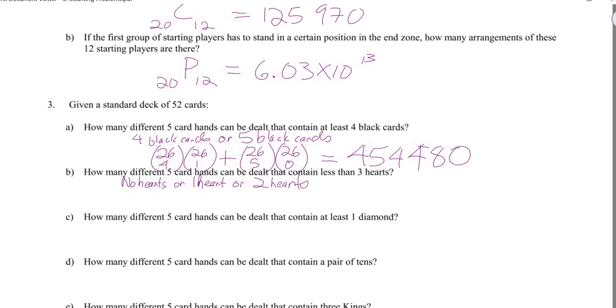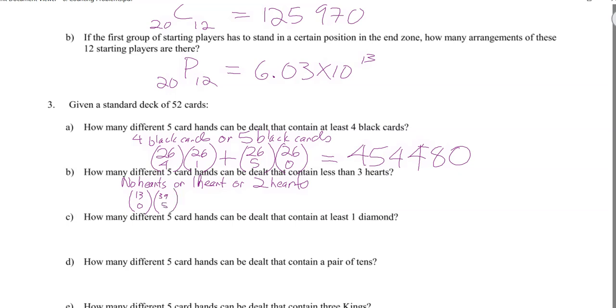Okay, you can't have 3 because you have to have less than 3. Now the only other possibilities are 3 hearts, or 4 hearts, or 5 hearts. And if I work that out, we would have to actually do more work than doing this. So no hearts, 13 choose 0. There are 39 other cards.